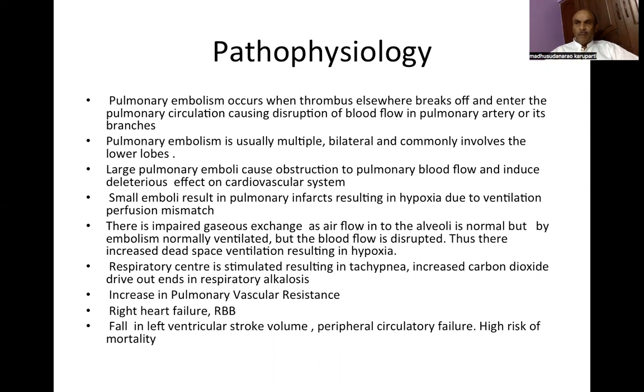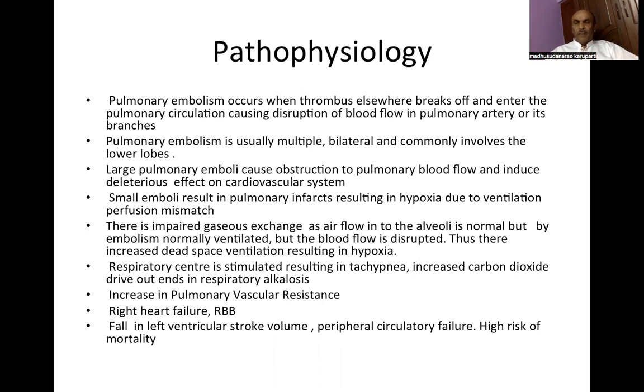So there is increased dead space ventilation, resulting in hypoxia. The hypoxia leads to the stimulation of the respiratory center. There will be increased respiratory rate, carbon dioxide drive out. That results in the respiratory alkalosis.